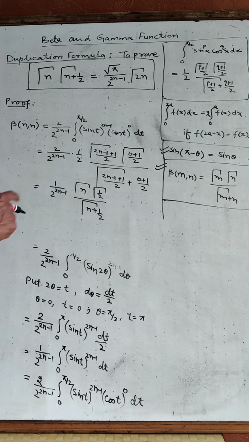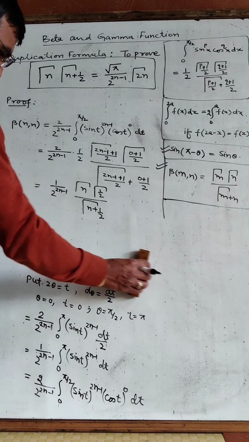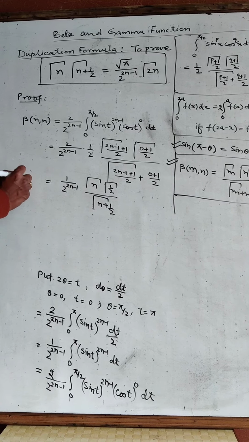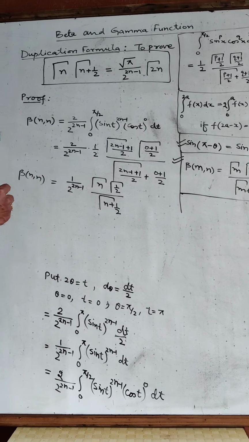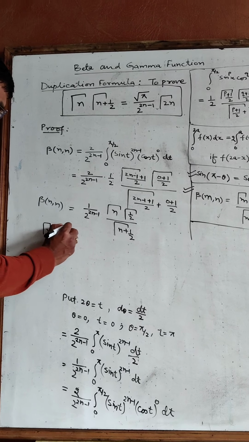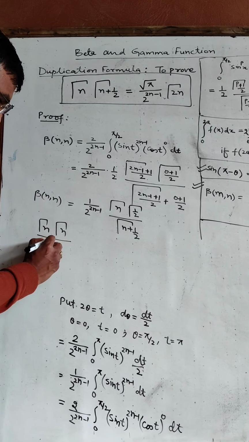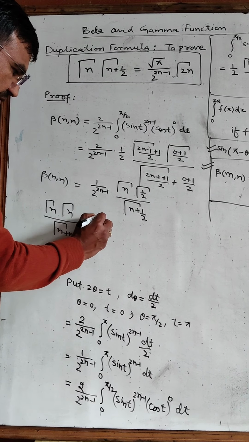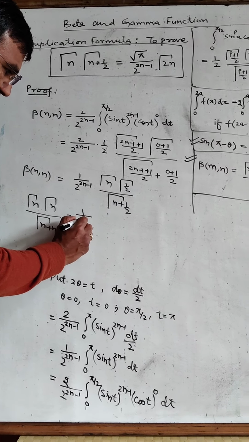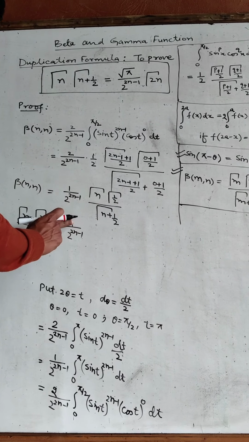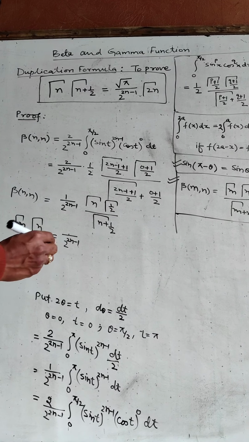Beta of n, n here can be written in the form of gamma function, and it would be gamma of n gamma of n over gamma of 2n, and it would be equal to 1 over 2 raised to the power 2n minus 1, and from here what will be gamma of 1 by 2?